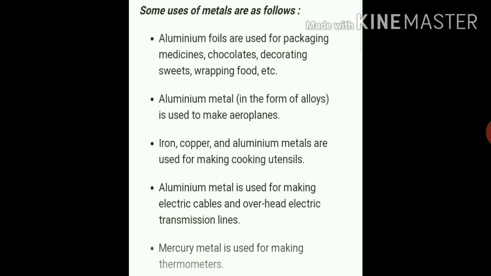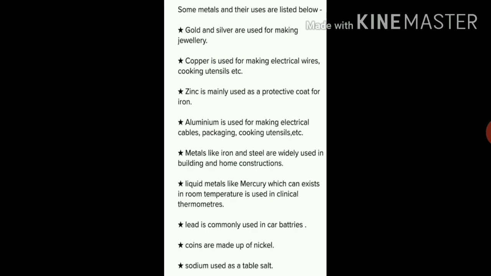Aluminium metal is used for making electric cables and overhead electric transmission lines. Mercury metal is used for making thermometers. Gold and silver are used for making jewelry. Copper is used for making electric wires, cooking utensils, etc.